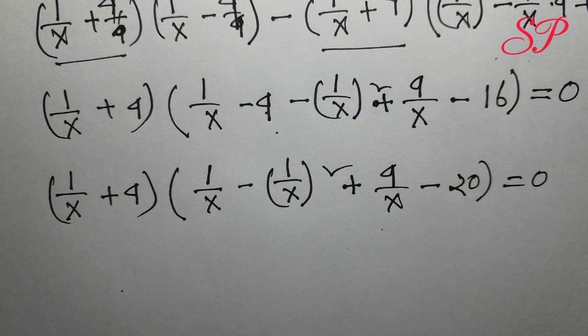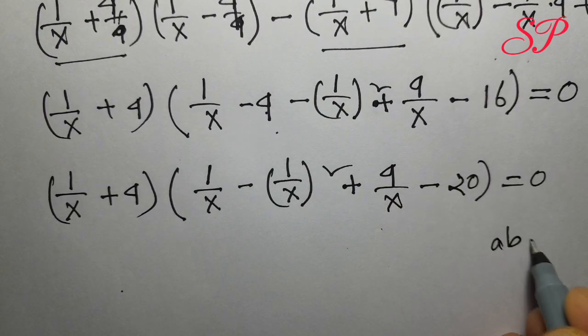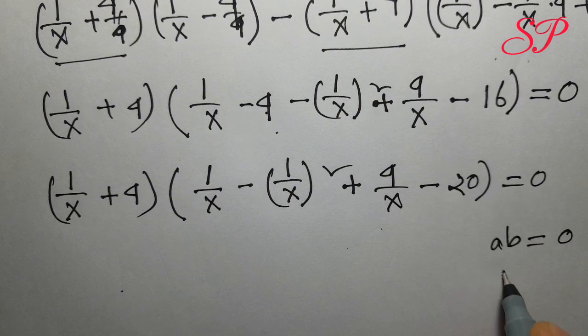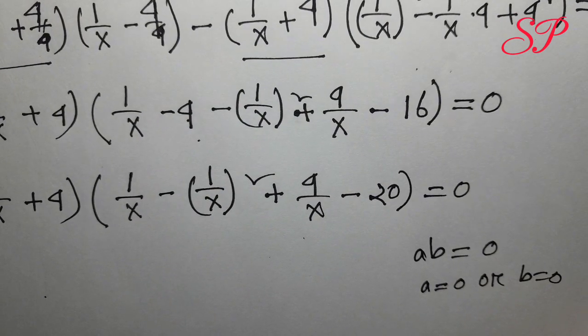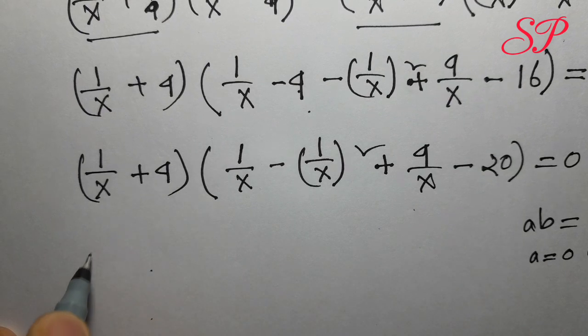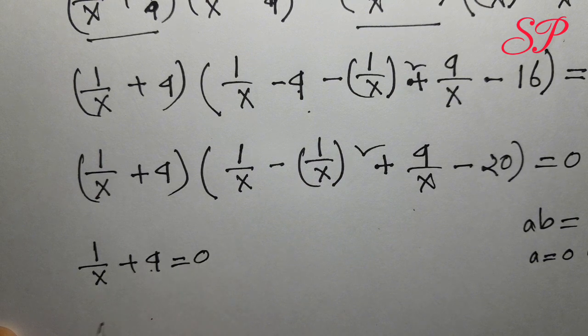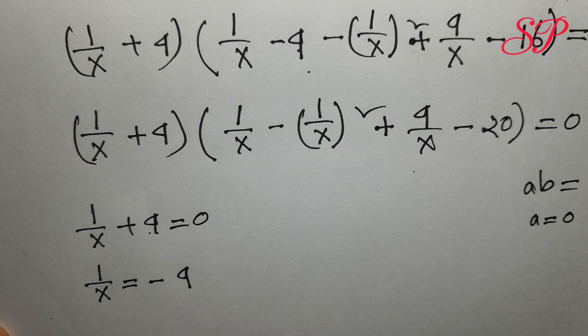Okay, then we use the formula: if a times b is equal to 0, then a equals 0 or b is equal to 0. Okay, then we can write 1 by x plus 4 is equal to 0. Then 1 by x is equal to minus 4 and x is equal to minus 1 by 4.